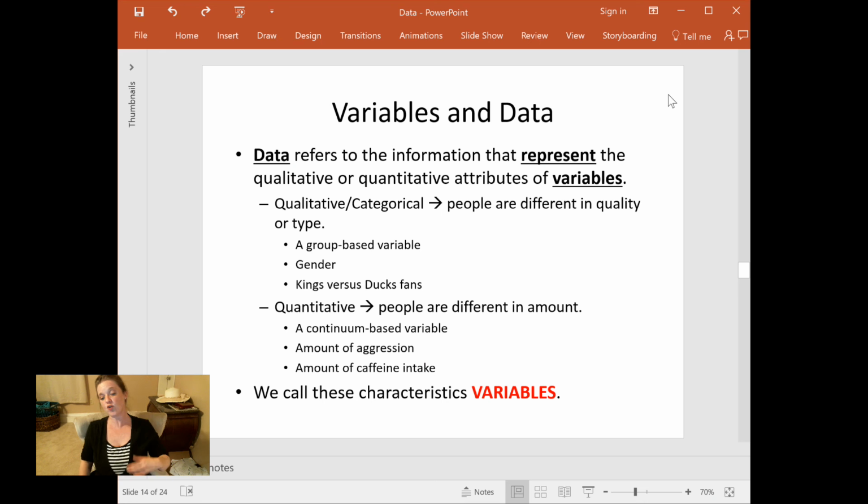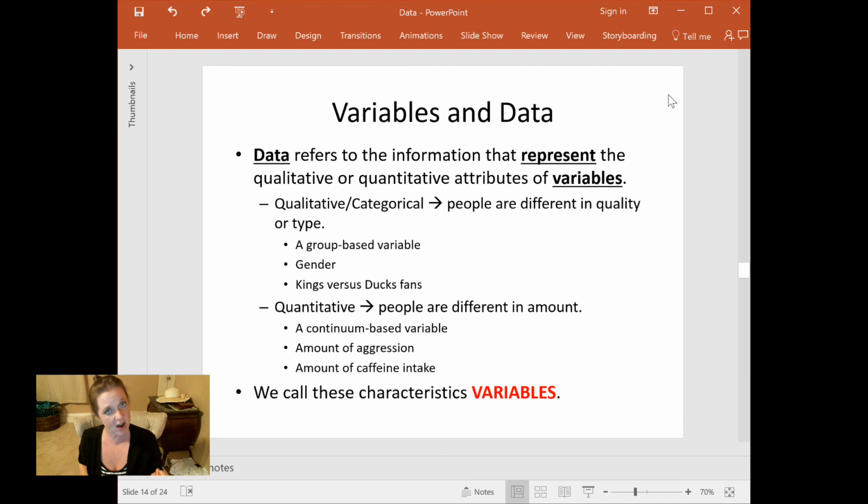For example, in research, gender and biological sex are almost always asked in this fashion, where we say, check one of these boxes. Are you male, female, or other? Are you a man or a woman or other? That is an example of a group-based variable because we're putting people into different categories or groups.